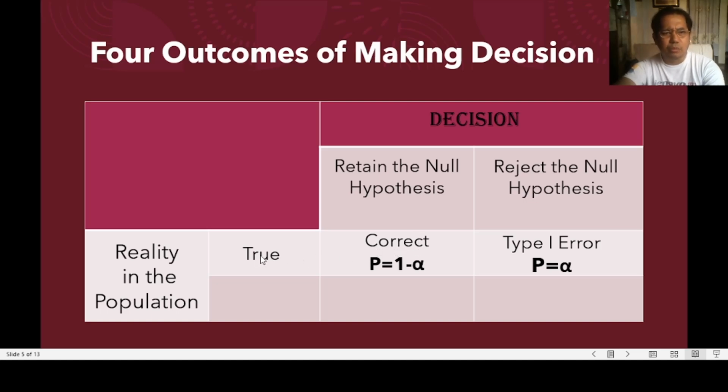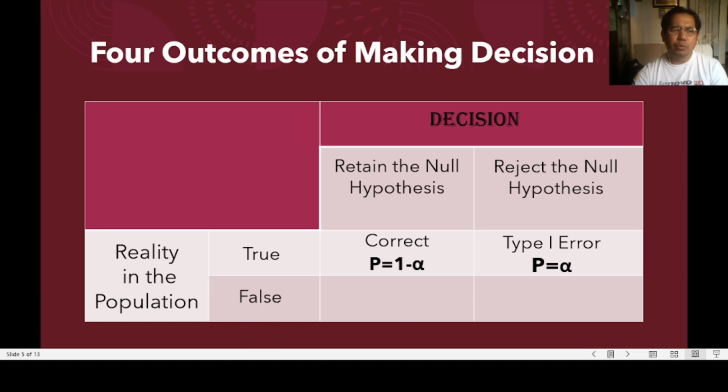But what if the reality about the population is true and we rejected that null hypothesis? That is considered to be a type 1 error. So when we say type 1 error, you rejected a true statement, a true null hypothesis.